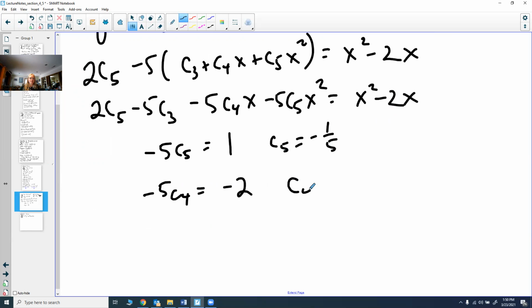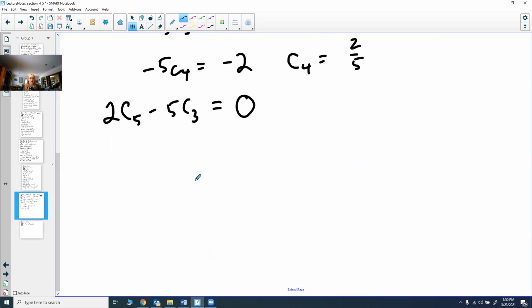So that tells me that c4 is 2/5. My constant on the left-hand side is 2c5 minus 5c3. My constant on the other side is 0. So I already know what c5 and c4 are. All I've got to do is find c3.